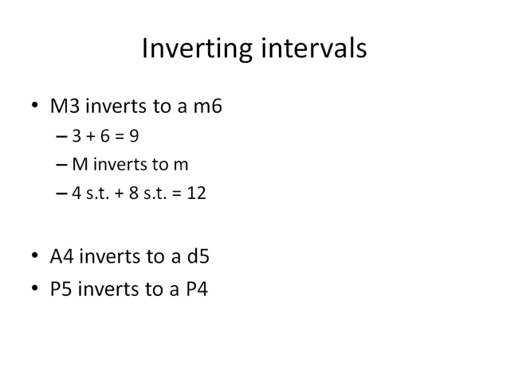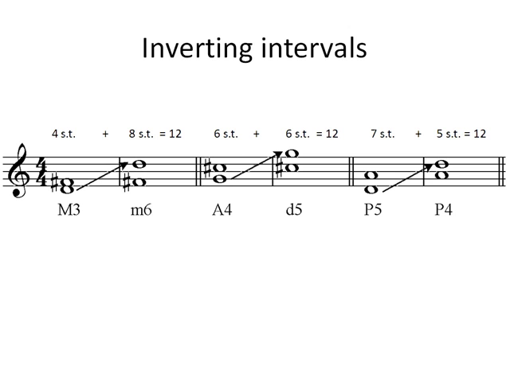Incidentally, this pair of intervals, the augmented fourth and diminished fifth, is a bit of a special case, and I'll have more to say about them closer to the end of the lesson. A perfect fifth, which consists of 7 semitones, inverts to a perfect fourth, which consists of 5 semitones, for a total of 12. Here are those same intervals and their inversions in staff notation.